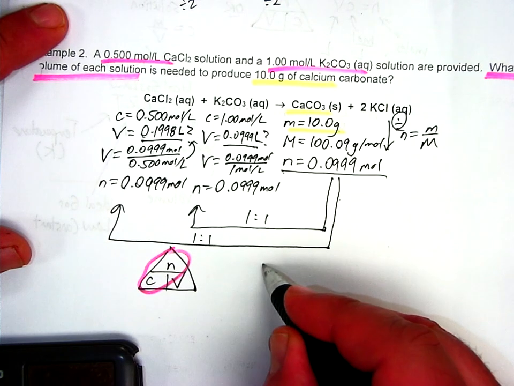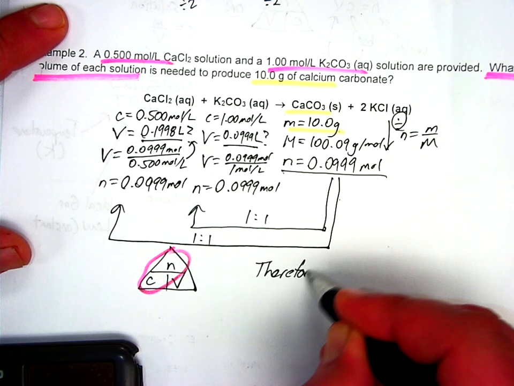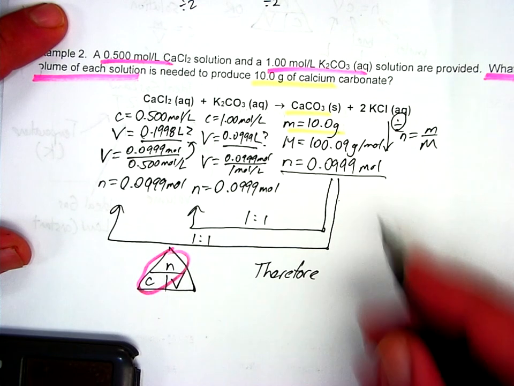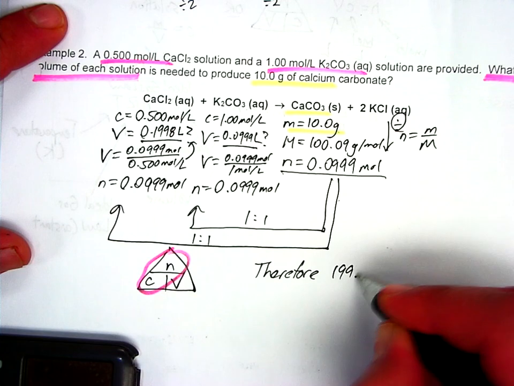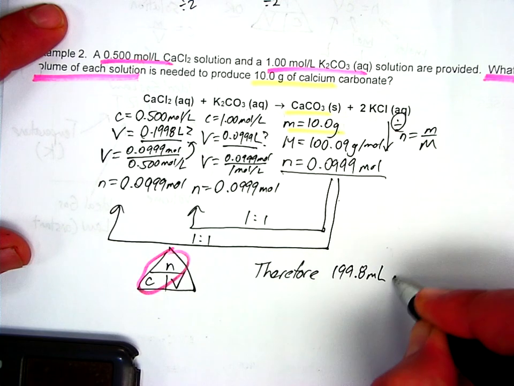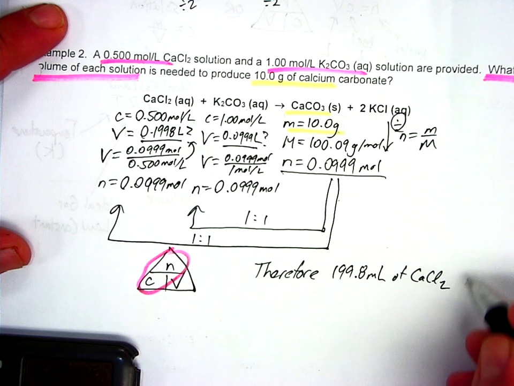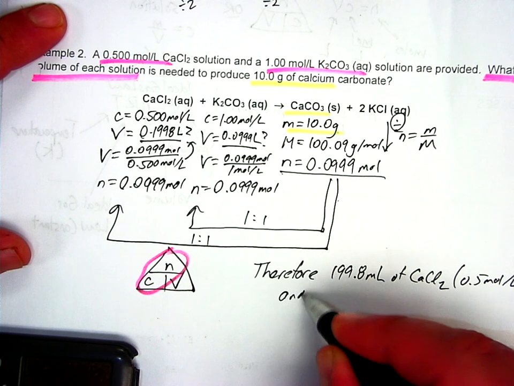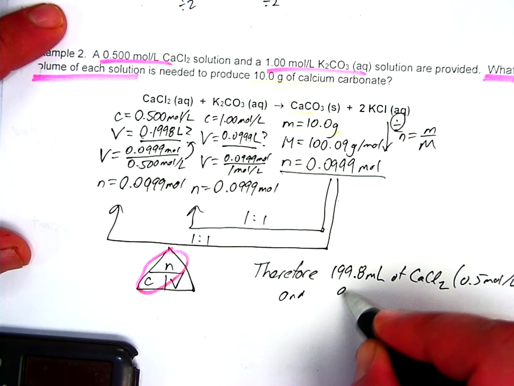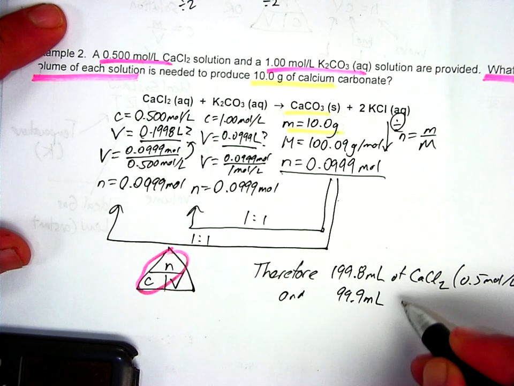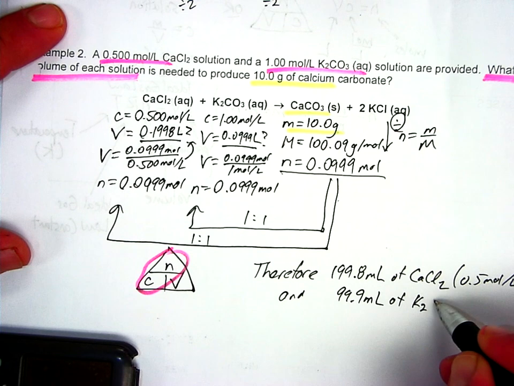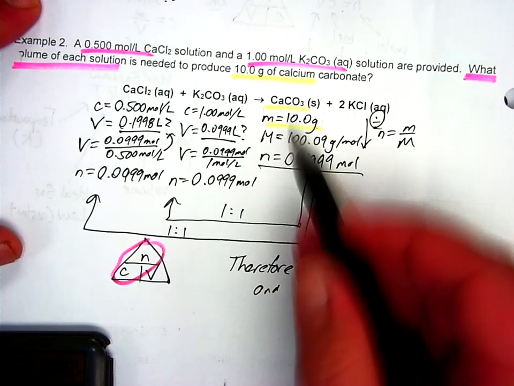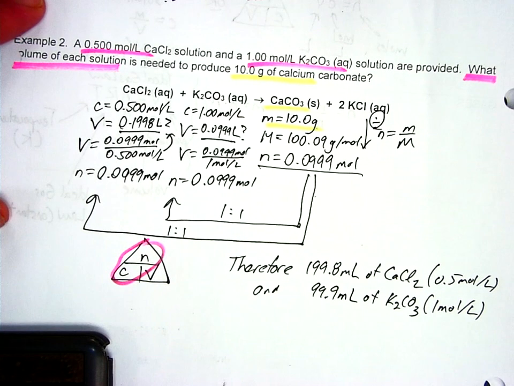So in the end, therefore, I would multiply this by 1,000 just to get milliliters. 199.8 mL of calcium chloride at a half mole per liter. And same thing, multiply that by 1,000. 99.9 mL of potassium carbonate at 1 mole per liter are required to get your 10 grams of calcium carbonate.